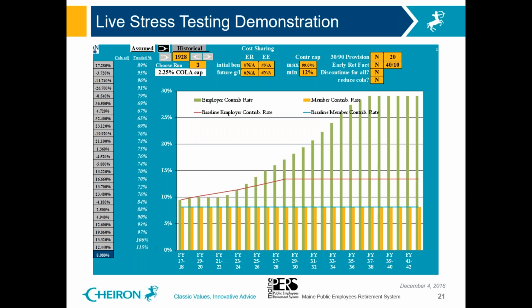And what was important about this stress testing was we just realized exactly how vulnerable, this was targeted stress testing, but we realized how vulnerable our plan was, even though it was well funded. At the time, I think it was 89% funded. So even though it was well funded, we realized how vulnerable we were to a market scenario that you might not even think sounds so bad, earning 4% a year for 3 years.